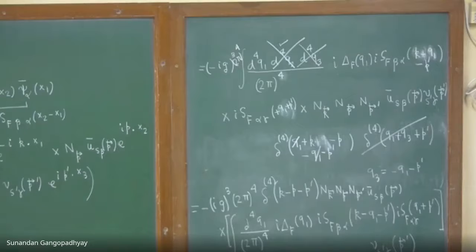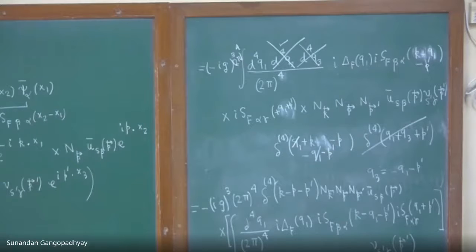Let me just check whether I've got everything correct. u bar beta i, P, the first propagator. So this is done, and there will be an extra B term, I guess.